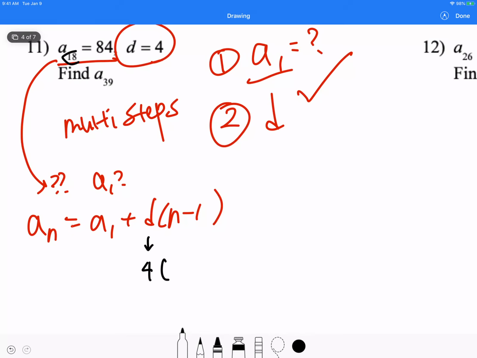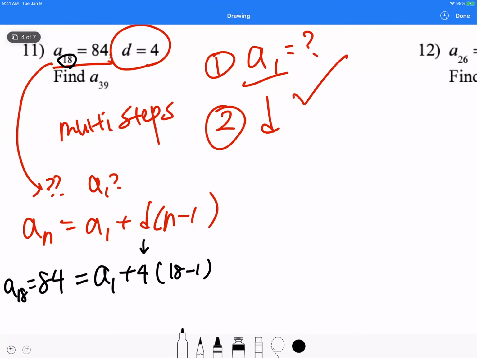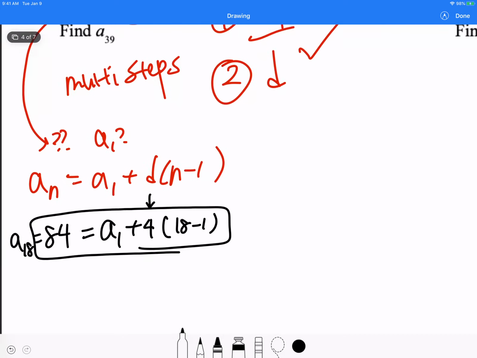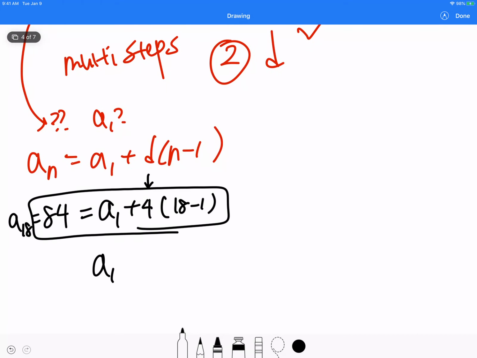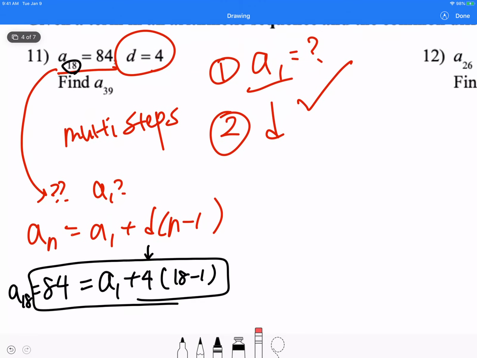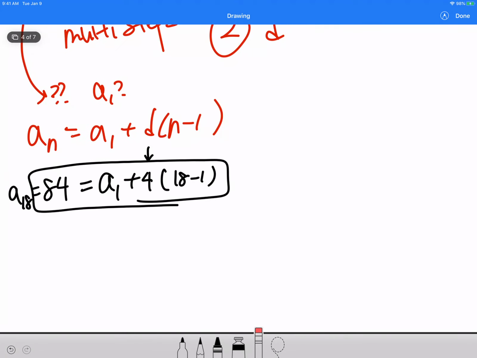The n value here is 18 because that's the 18th term of the sequence. So a sub 18, which is the same thing as saying 84, is equal to the very first term plus this whole thing. So that is the first equation you need to set up. Why go through all this trouble? It's just for you to figure out what a sub 1 is, because that's what I need to know. But unfortunately, you need to do a bit of algebra before we can do that.